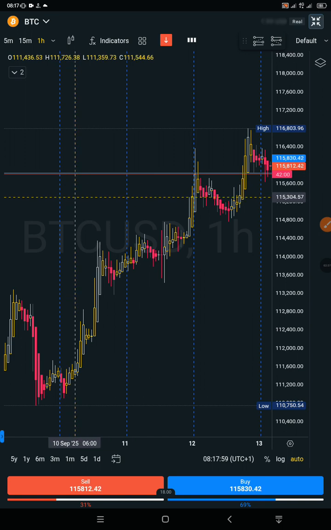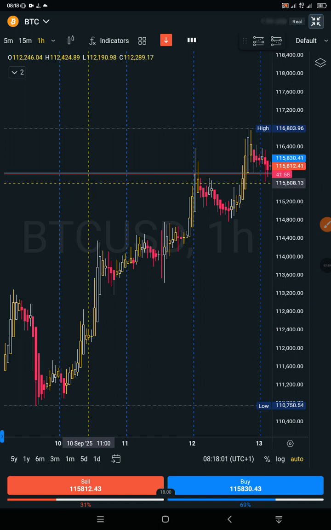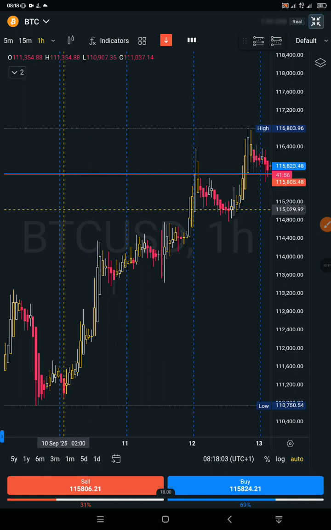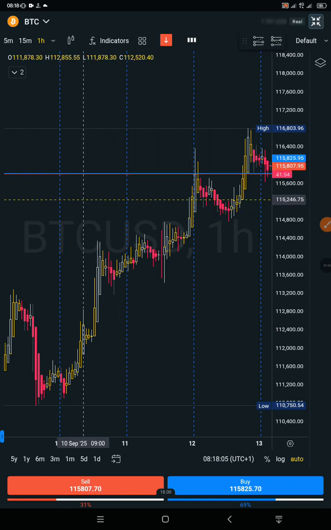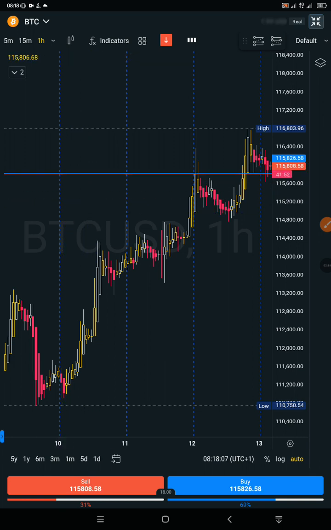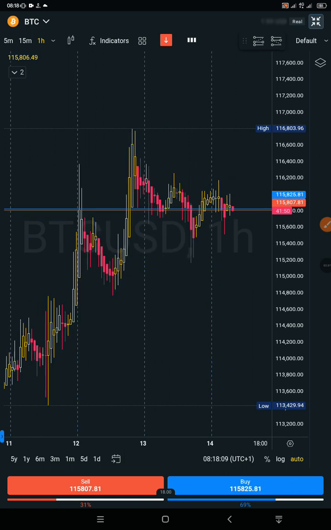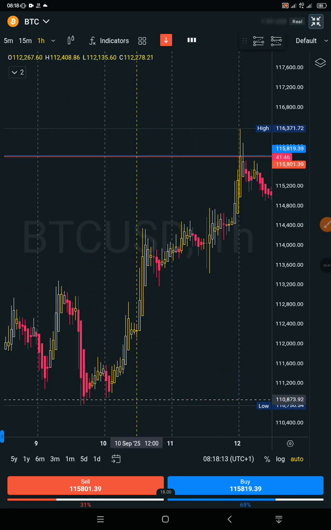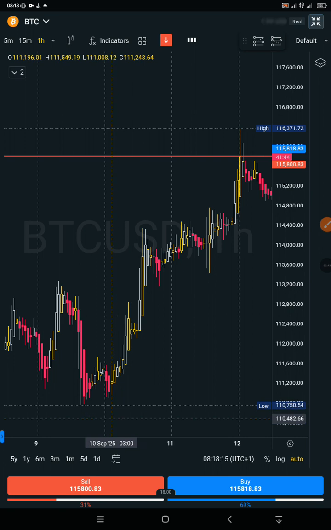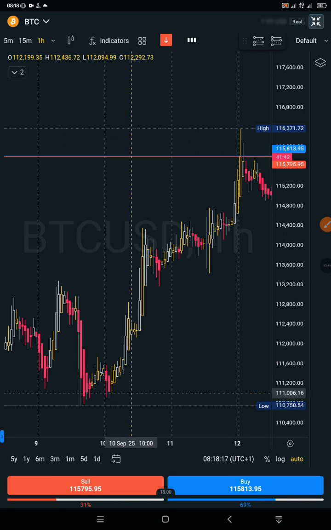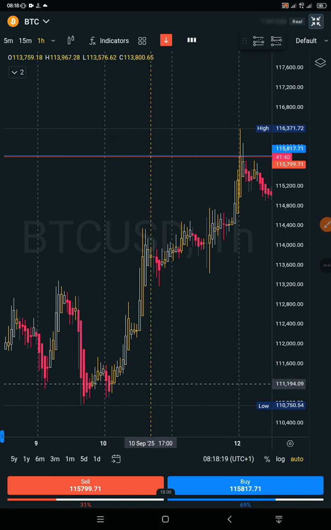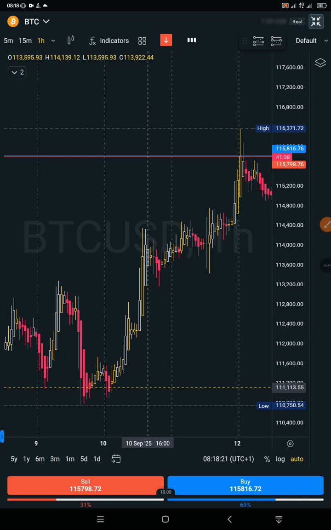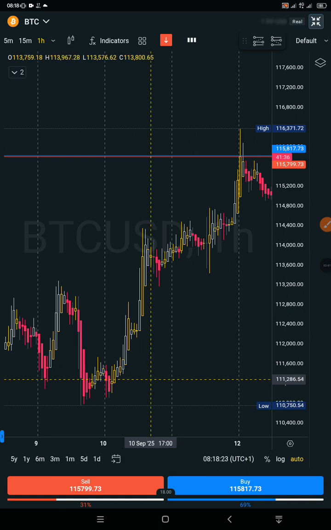Now it tends to show you the trend, but if I switch to a Japanese candlestick now, you see that on this day, this 10th of September, where the market trended from 3 o'clock all the way to 17 o'clock, that was in the evening, you will notice that you are going to see some reds.